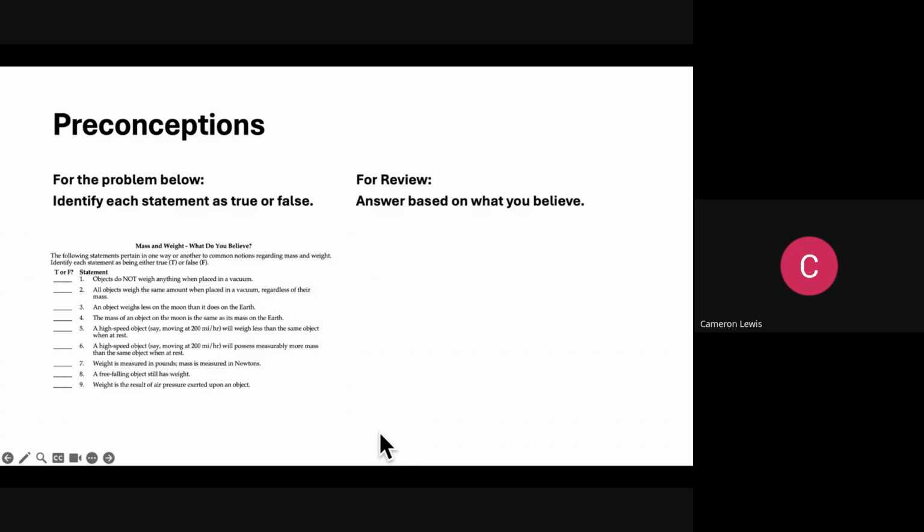A high-speed object, say moving at 200 miles per hour, will weigh less than the same object when at rest. Why do you say false? It doesn't have an effect on.